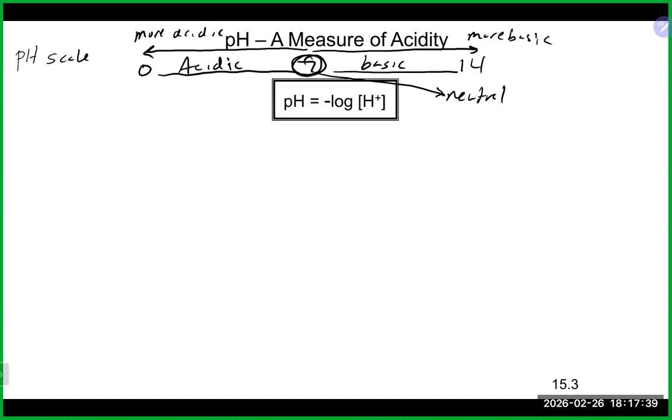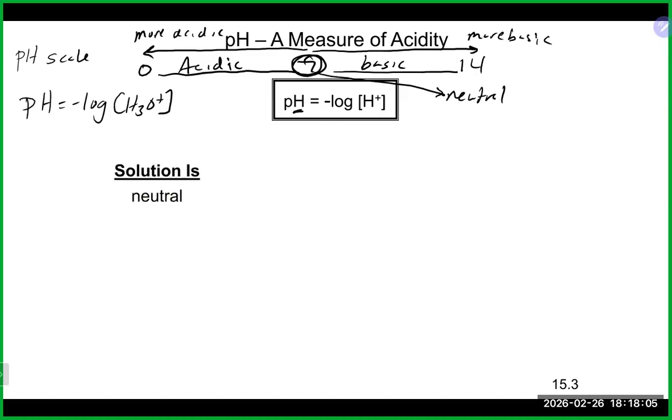To calculate the pH, we could use that formula there. pH is equal to minus the log of the H plus concentration. This is, again, another formula where, if you would like, you could substitute in H3O plus in there. So same idea. The actual name of the formula tells you what you need to calculate it. pH means you need the H plus concentration to calculate it.